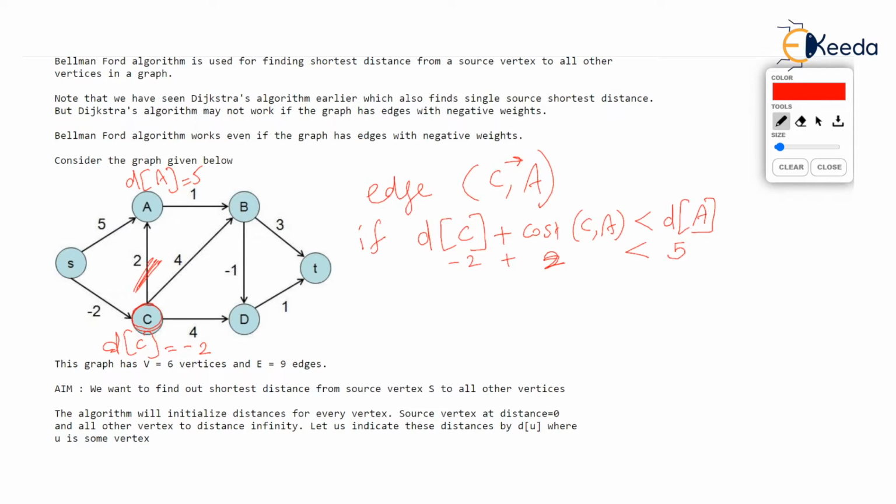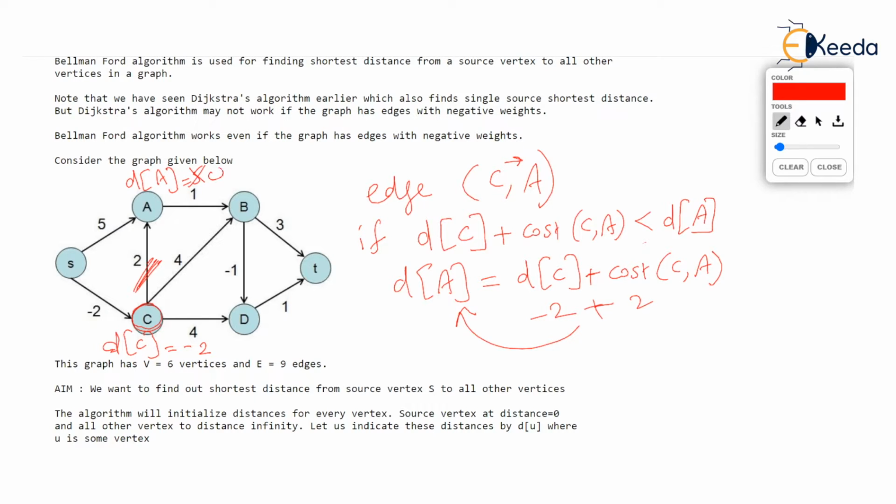In that case, what we are going to do is that we are going to update the distance of vertex A. We will say distance of vertex A should no more be phi, but it should be that added quantity, that is DC plus cost of C comma A. Hence, this is minus 2 plus 2, that is 0, will be the distance of vertex A. Note, I am updating it. We have relaxed this edge using the rule.